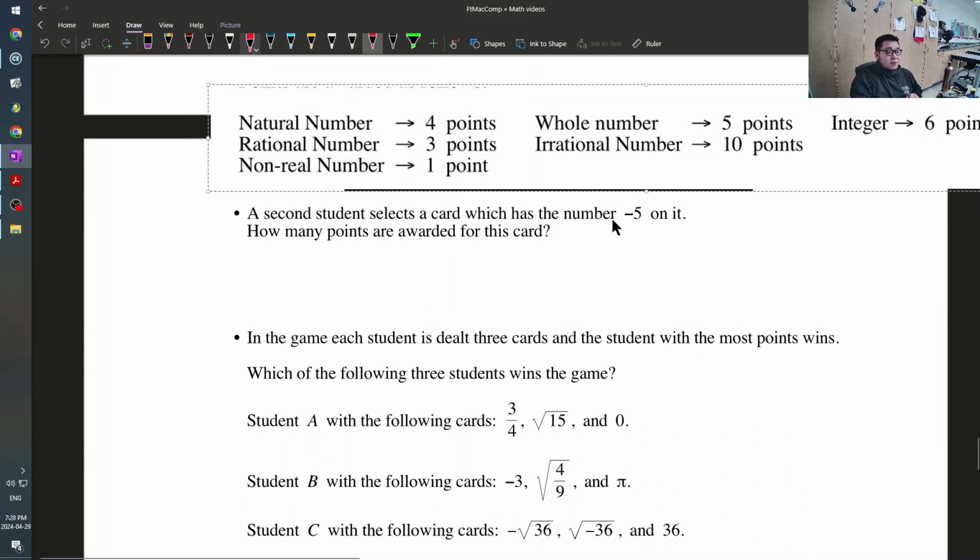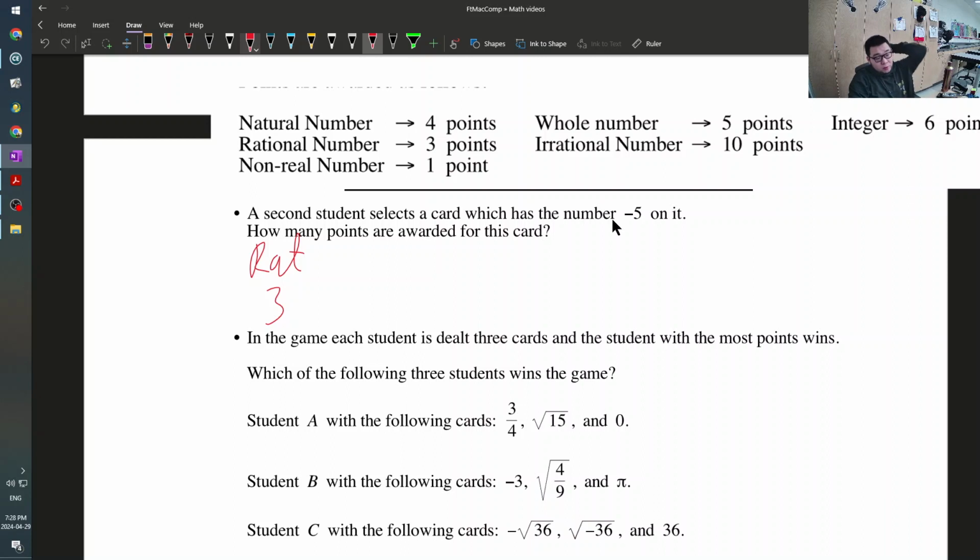So -5 is not natural, it is not irrational, it is not non-real. It's also not a whole number because whole numbers only include 0, and then integer is 6. So 3 plus 6 is equal to 9 points.